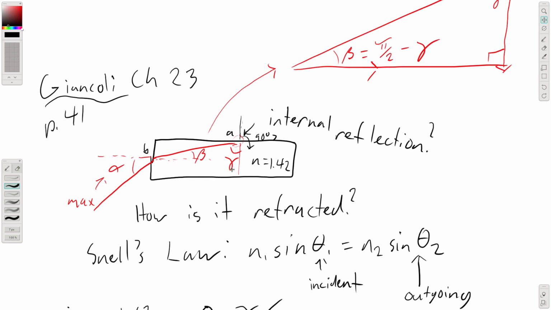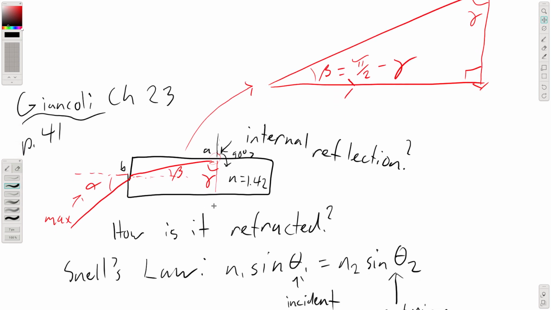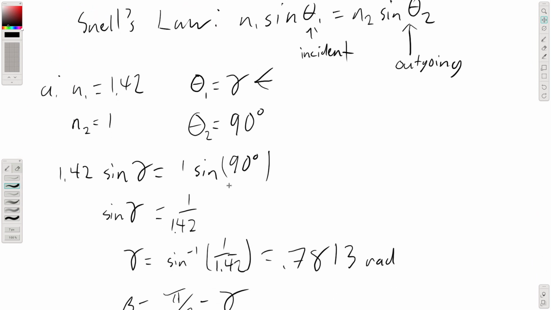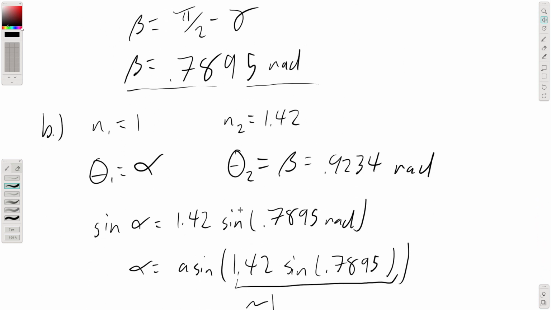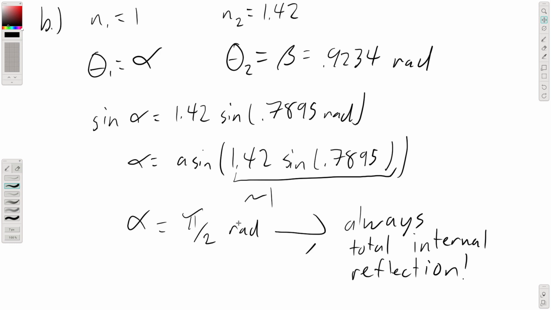We see how gamma relates to beta using some basic trig. We see how beta relates to alpha using Snell's law once again. There's our first Snell's law, and here's our second Snell's law. And we arrive at this answer of pi over 2 radians, which we figure out means always total internal reflection. Good.